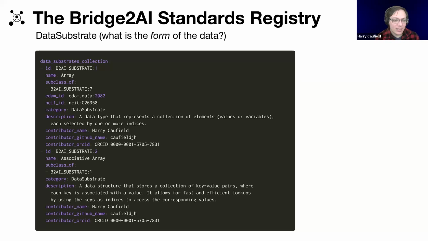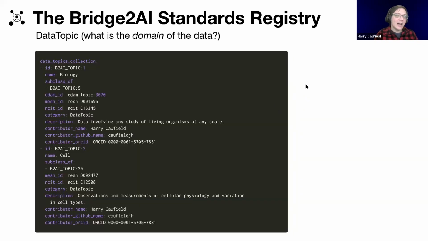But we recognized again that we really do want to be able to keep track of this level of detail for a data set, so we can know right away, like, okay, well, is our use case actually going to be able to work with this data, or is it actually in a completely unexpected kind of format? If we were expecting it to be an array and it's actually just kind of loose text, well, we know we're going to have some problems.